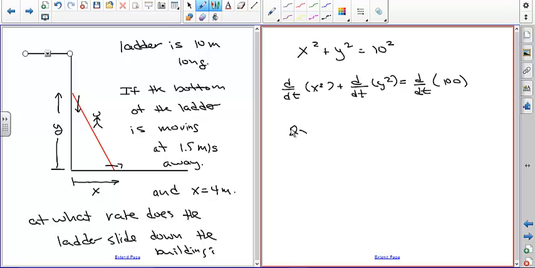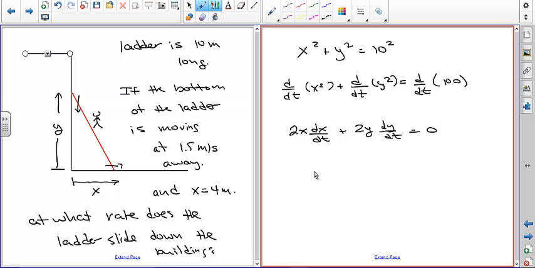So you get 2x times dx dt for the derivative of the first term. And here you get 2y dy dt, and that equals 0.